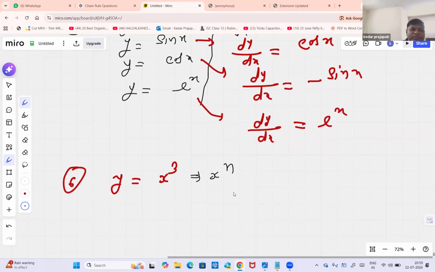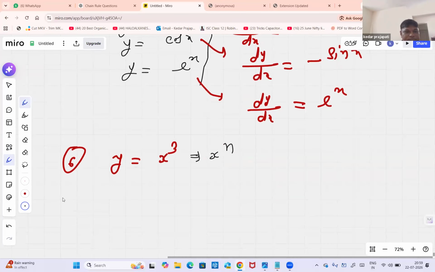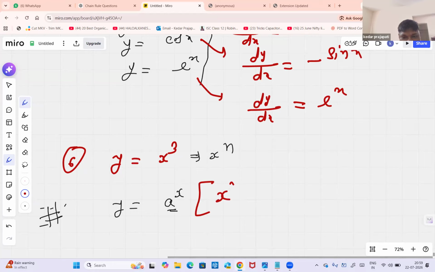But sometimes questions come like this. This is very important. y equal to, now they are giving a to the power x, where a is a constant. So now we cannot apply that, okay? Because this is not in the form of x^n.